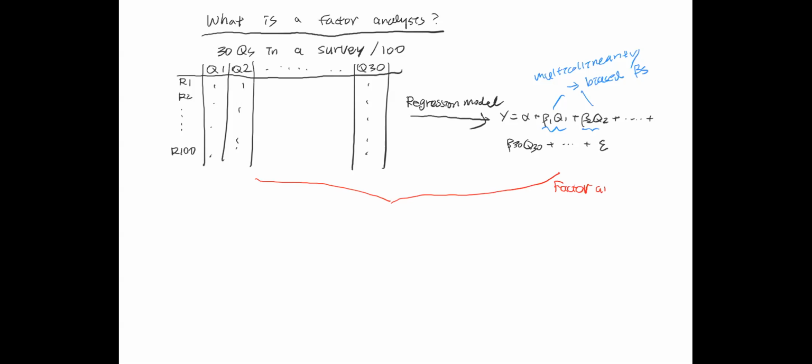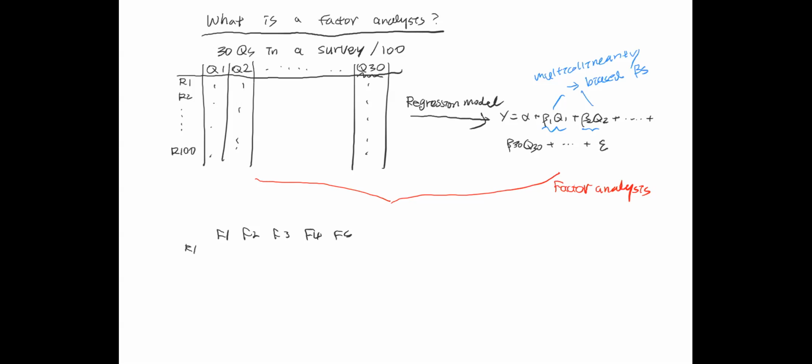After you conduct the factor analysis, you will get a smaller set of factors, less than 30 at least, because you have 30 items up there. Say we have 5 factors, F1, F2, F3, F4, and F5.